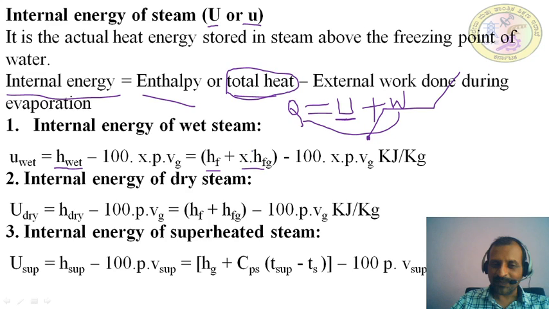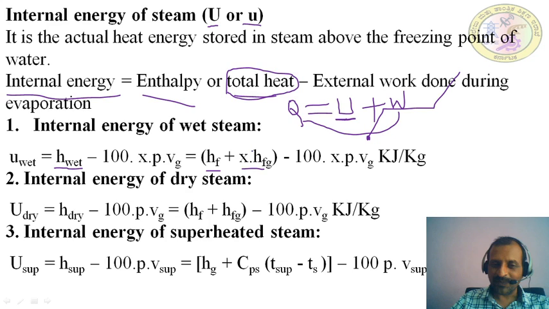Similarly, what is the internal energy of the dry steam? U dry is equal to H dry, the enthalpy of dry steam, minus the work done, 100 PVG, during the dry steam. The enthalpy of dry steam is the addition of the enthalpy of water and the enthalpy of dry saturated steam, HF plus HFG.